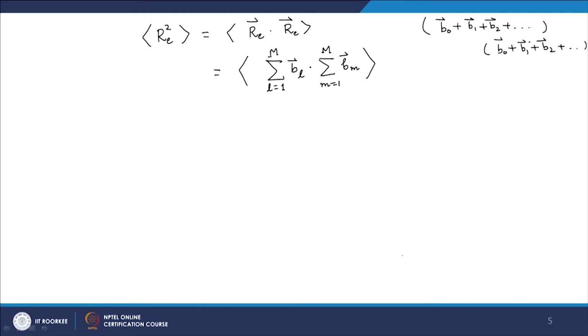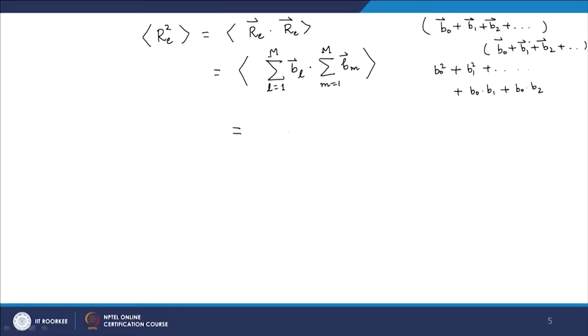Of course, I will have terms like b_0 square, b_1 square and so on, but I will also have cross terms like b_0 dot b_1 plus b_0 dot b_2 and so on. Okay. So, to include the cross terms, we must be using this particular formula where I am using different indices for the two R_E vectors.